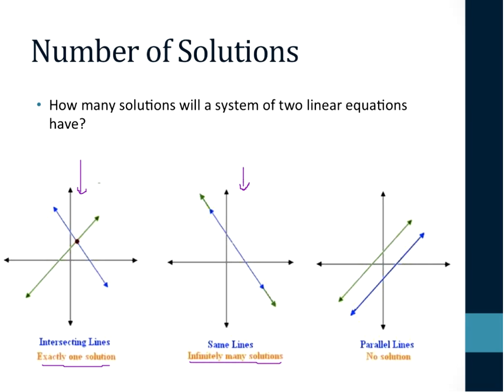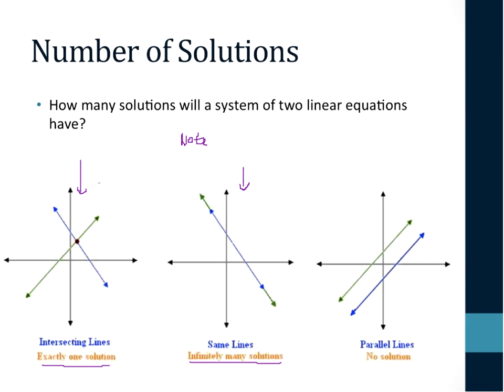This is going to occur when we have two lines that are exactly the same. You can see we've drawn a blue line and behind it the green line. This is where we have two lines exactly the same, and we call the number of solutions infinitely many solutions.